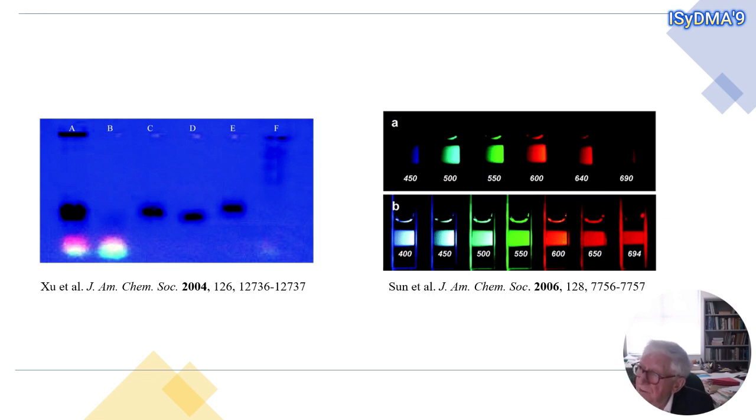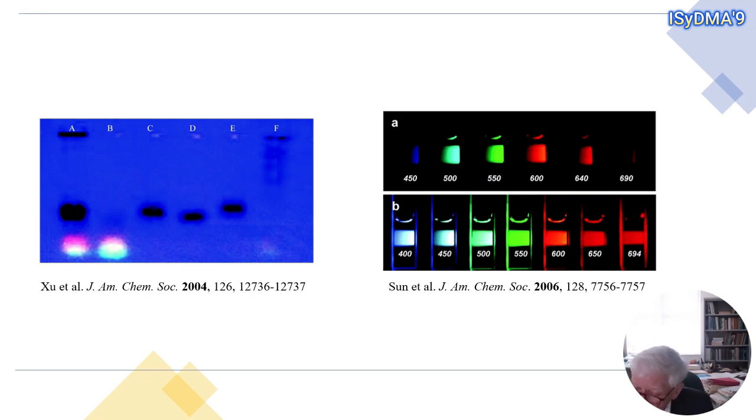The second step was to use a monochromator to have specific wavelengths at 400, 450, 500, and there was a correlation between these two ways of detecting the photoluminescent formation of carbon dots.